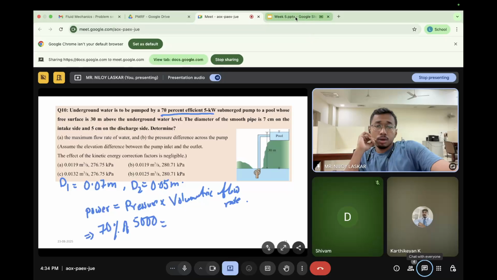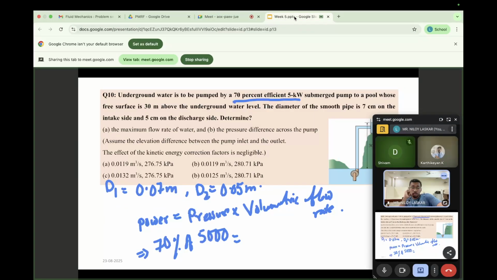So either you understand how to calculate this pressure or not.